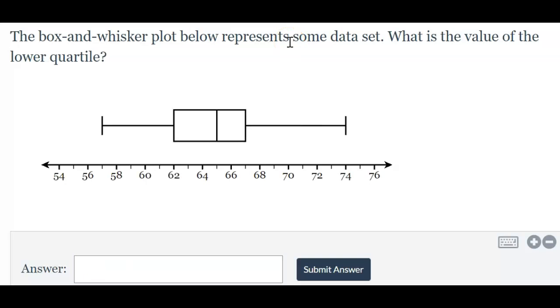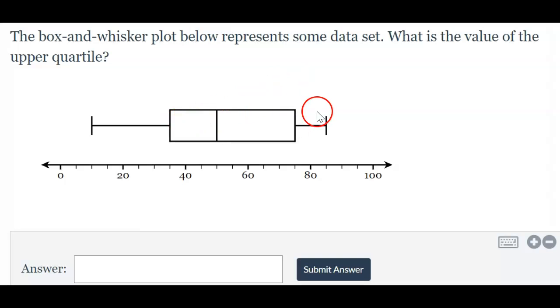Now it's asking for the value of the lower quartile. That's easy because it's just given to us right here. The lower quartile is right at 62. And now it's asking for the upper quartile. So the Q3 or the upper quartile is right here. Now I guess our question is what are they counting by? It goes from 60 to 80, so that's a difference of 20 in 1, 2, 3, 4 steps.